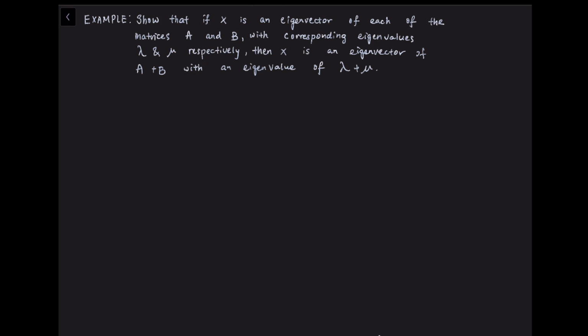So we have the matrix A plus B times x equals Ax plus Bx, which also equals lambda x plus mu x, since x is an eigenvector of each of the matrices A and B with corresponding eigenvalues lambda and mu respectively.